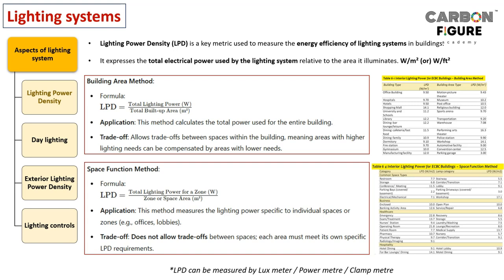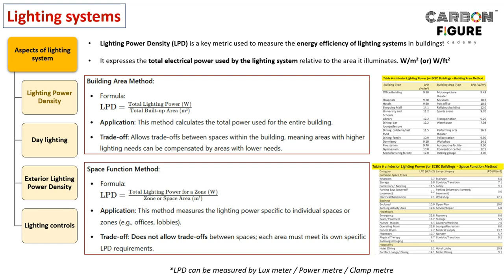Here we have different categories of spaces, right? For example, staircase only 5.5 LPD watt per meter square. That is the threshold within which your lighting system should be. Then only you will be able to earn the points under the particular criteria or guidelines, right?